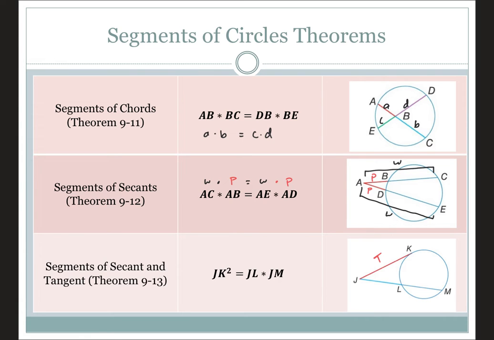So instead of multiplying two things together, you just have the tangent line squared. And then you have your regular rules from the secants on the other one. So you have the whole segment times the outside piece.